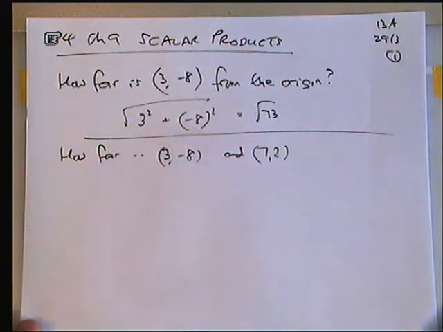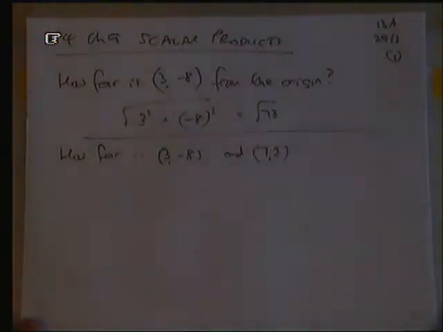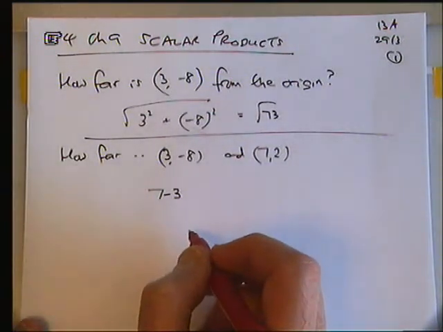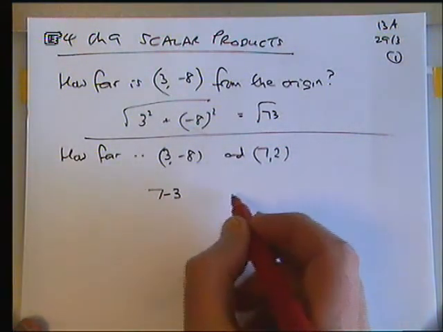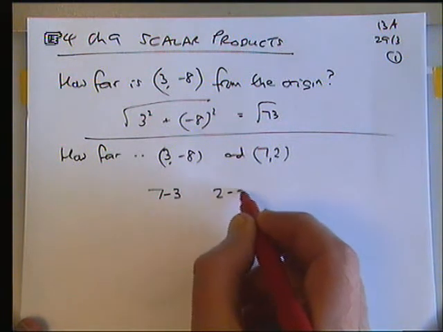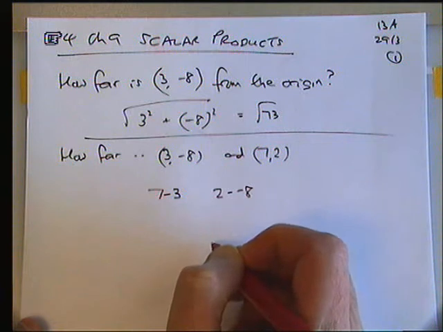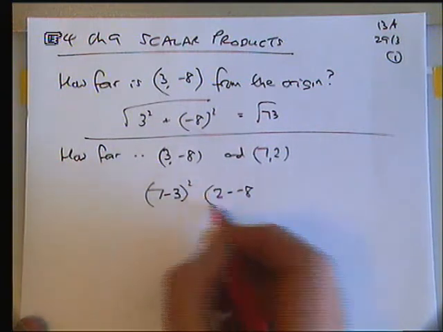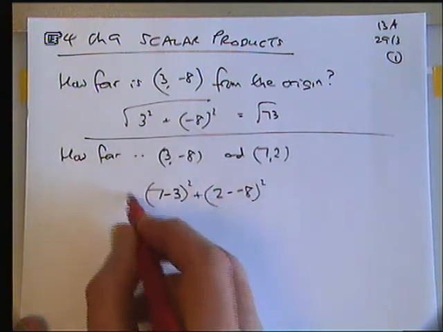Will there be a sum like this, and if so, what will the sum be? 7 minus 3, and then plus 2 minus -8. So 2 plus 8. And then add them together, square them, and square root that. Yeah, you can square them first, okay? So square them, add them together, and square root.